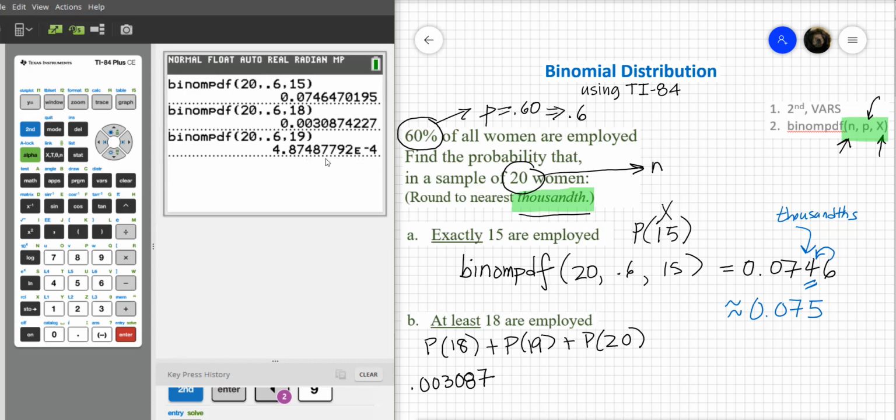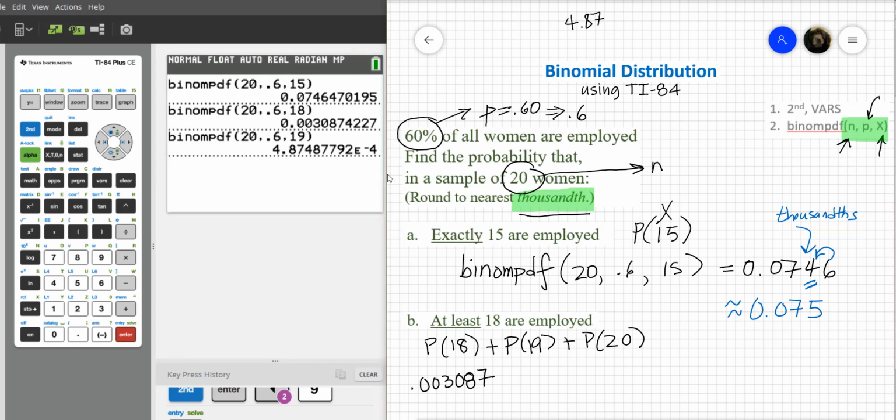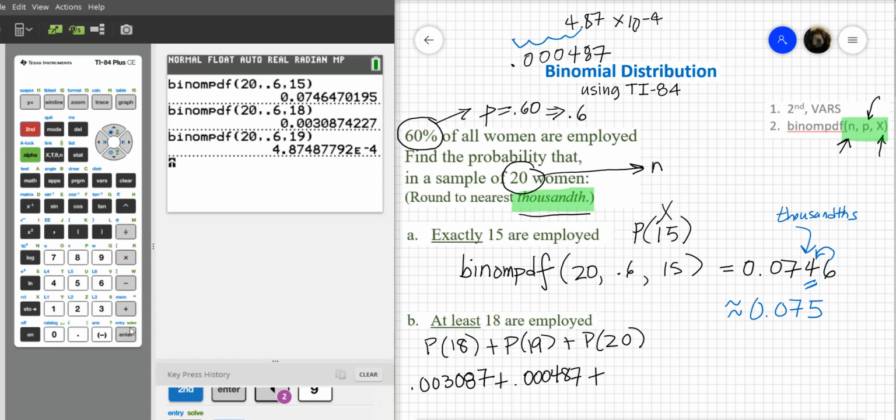The way to convert this out of scientific notation is to move the decimal point 4 places in the negative direction. 4.87 times 10 to the negative 4 would be 0.000487.